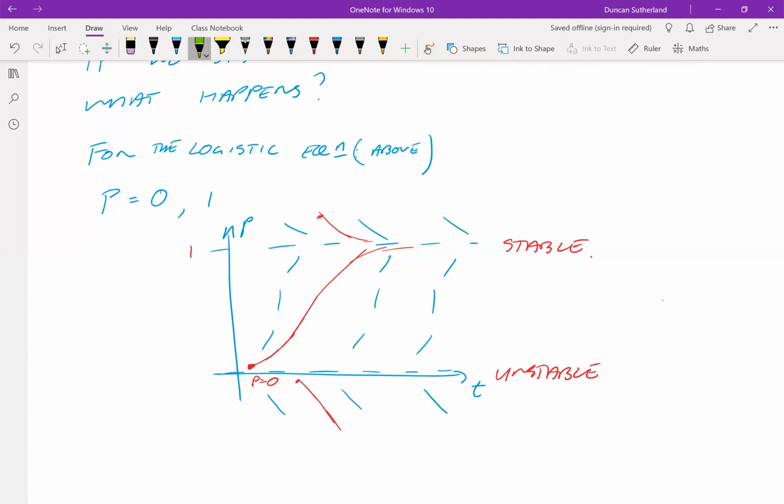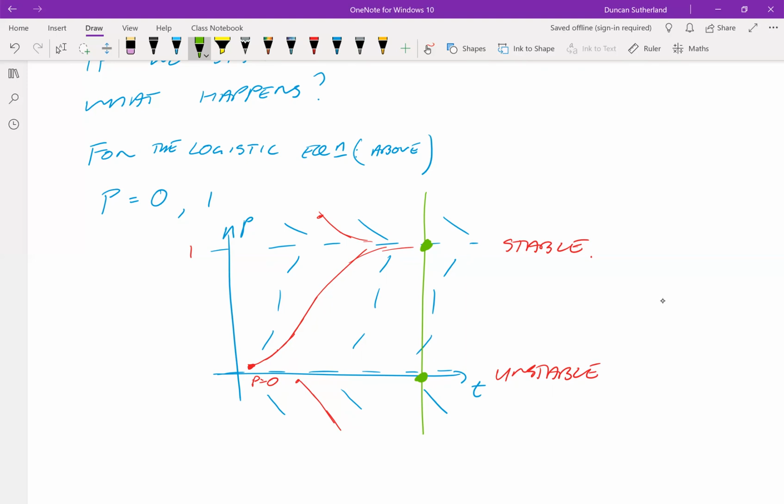Now, we can actually represent these solutions a bit better on what's called a phase line. Here I've just drawn in a random cross section at some t. We depict the critical points as dots upon this phase line, and we use arrows along the phase line to show where the trajectory heads.